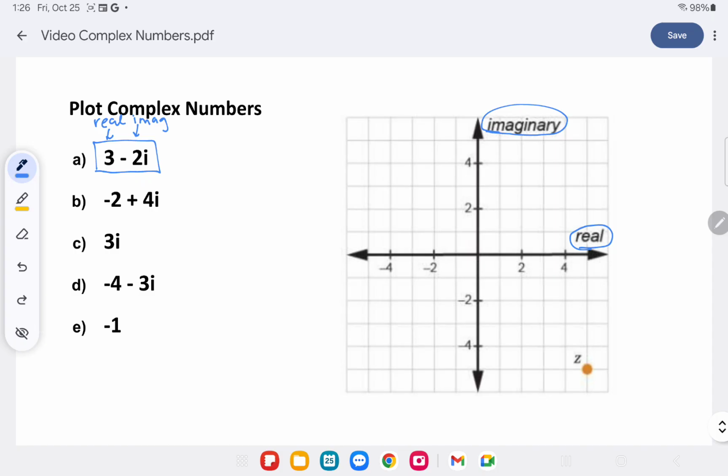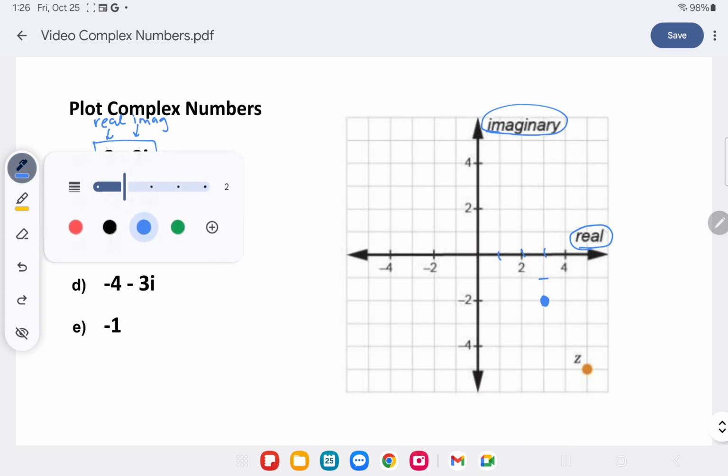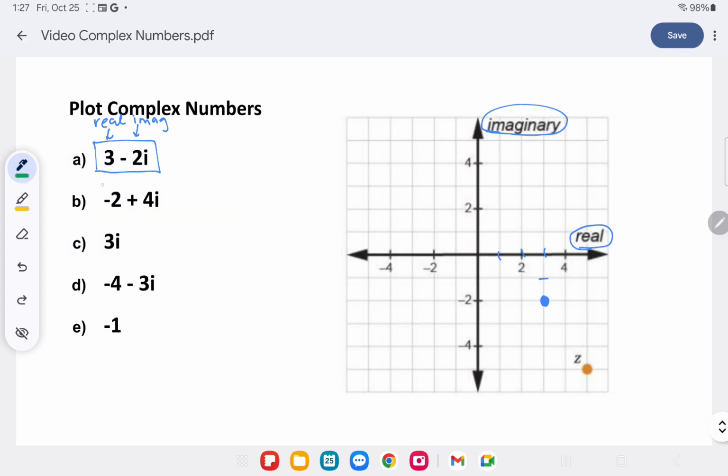So I'm going to go 3 over on my real axis, 1, 2, 3, and then down 2 on my imaginary. So there is the real component of 3, the imaginary component of -2. So next one, -2 plus 4i. Real is -2, that's my x. Imaginary is 4. So that would go there.